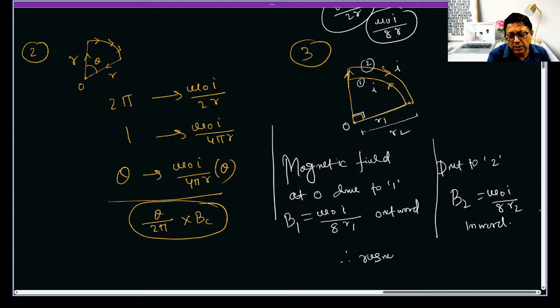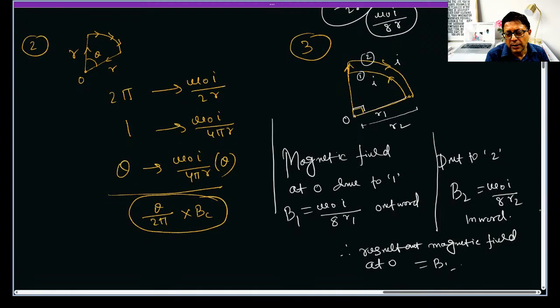Therefore, resultant magnetic field at O is B1 minus B2. Isn't it? So this will be mu0 I by 8 times (1 by R1 minus 1 by R2). Clear? Understood?